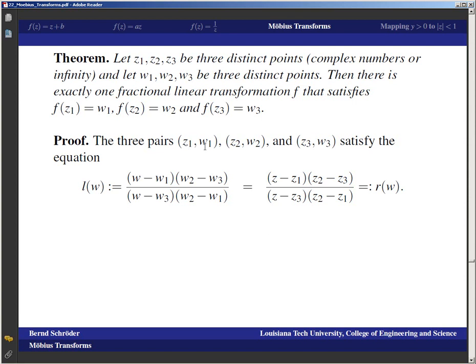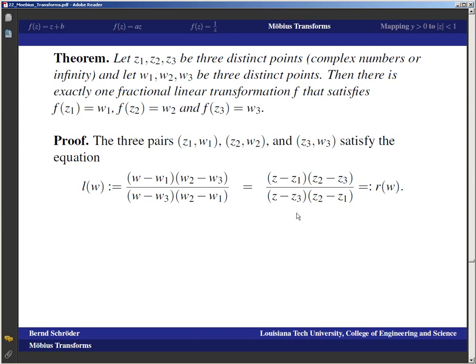If we plug in z1, w1 on the left side, we get 0 because of this. On the right side, we get 0 because of this term here. Great, so that means z1, w1 satisfies the equation because we get 0 equals 0. z3, w3 satisfies the equation in an extended sense because if I plug w3 in here, I get 0 in the denominator. If I plug z3 in here, I get 0 in the denominator here.